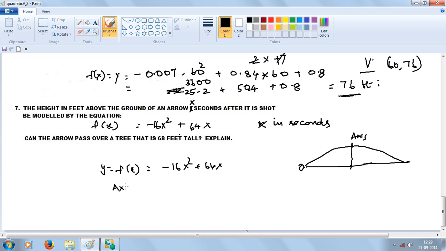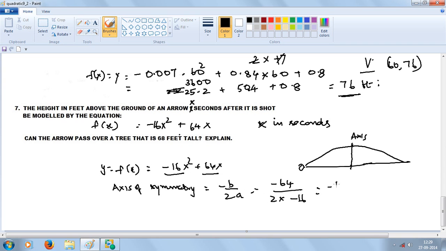Next, what is the axis of symmetry? This formula for the axis of symmetry is minus b by 2a. In this case b is 64, minus b is minus 64, divided by 2a, 2 multiplied by a, which is minus 16, so 2 multiplied by minus 16.